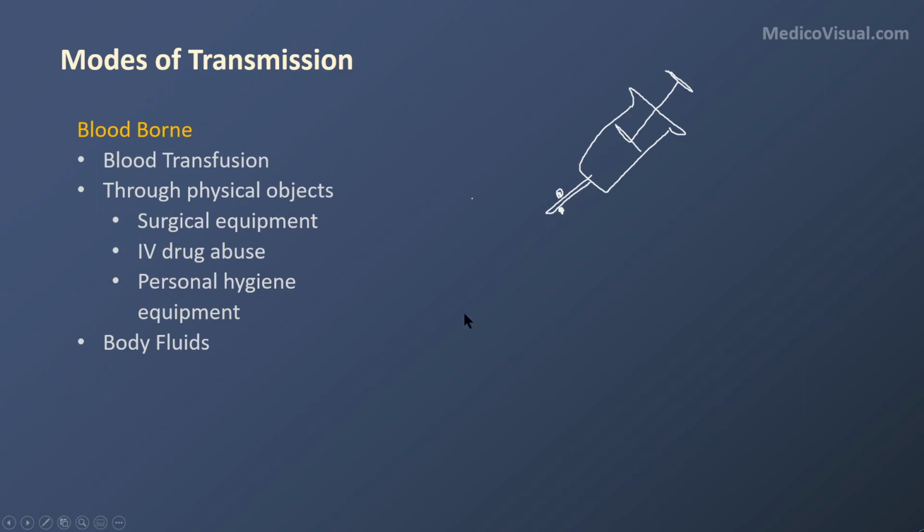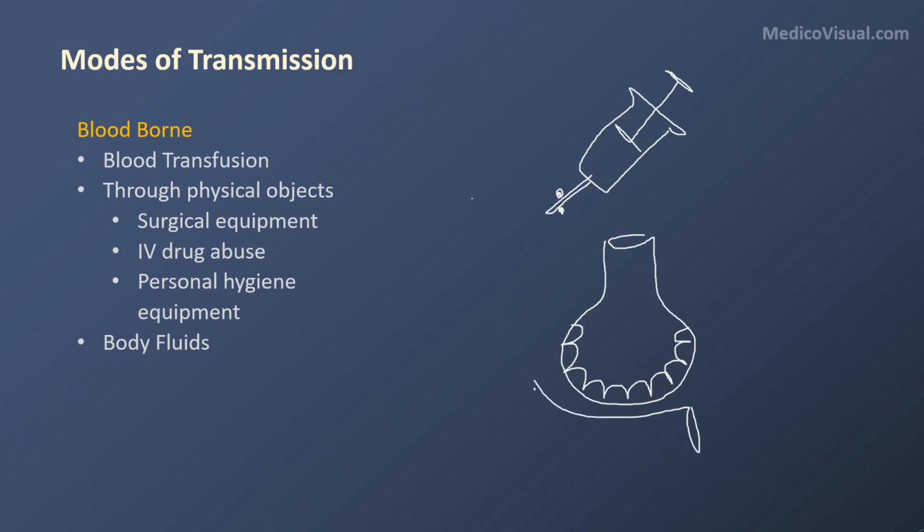Now let me tell you something interesting. Let's suppose this is a gland, and in this gland the glandular secretions are secreted, right? And raw material is taken from the blood. So from blood, secretions are secreted into this gland.